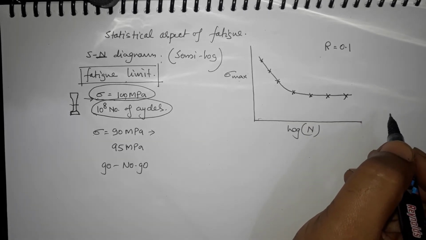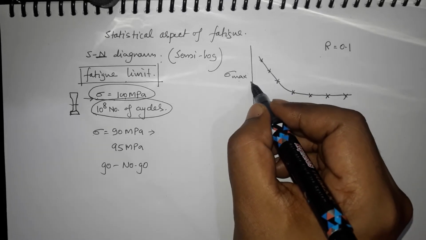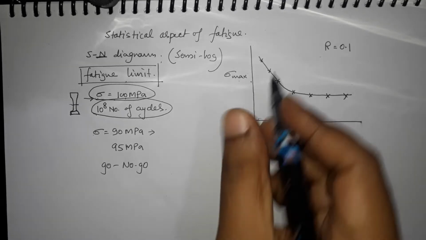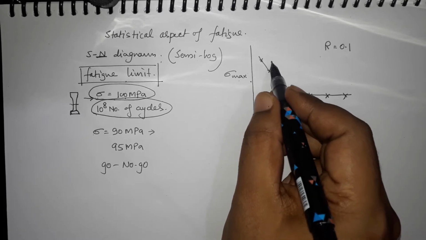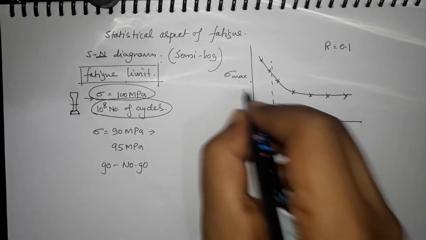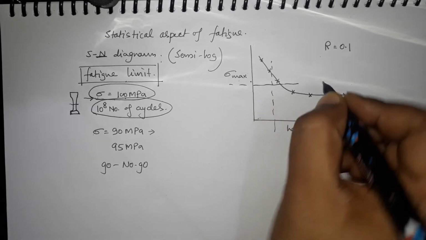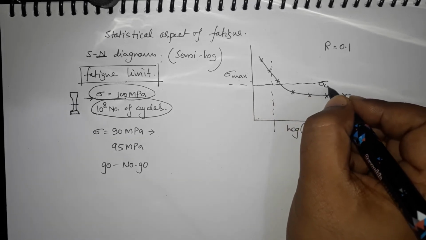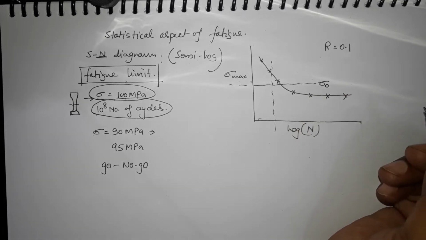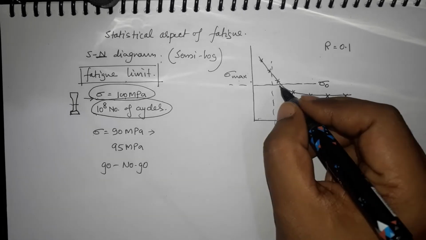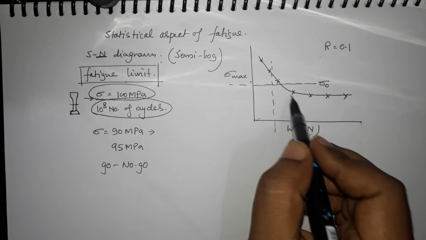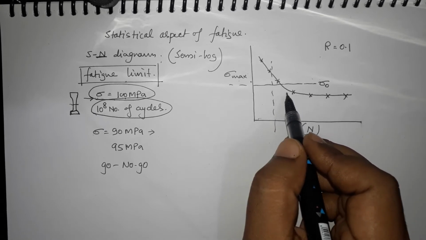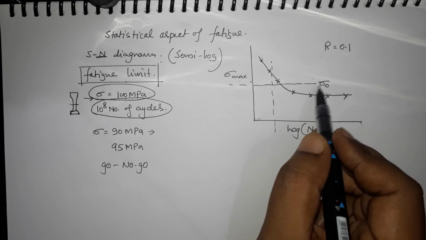Now the question is, let us think about another important thing here. In this region, there will be a value of yield stress of the material. Let us say this is your sigma naught. The important and interesting thing in fatigue is that you can break the material even when you are loading the material below yield strength.